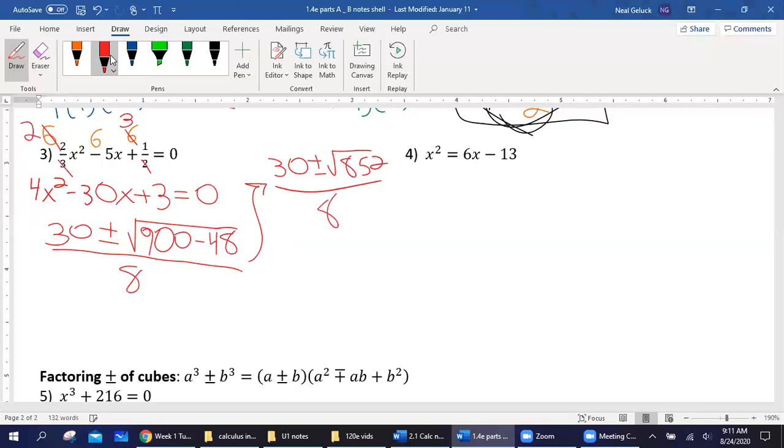it turns out 852 does actually factor out a perfect square. It'll turn into 30 plus or minus 2 root 213 all over 8.